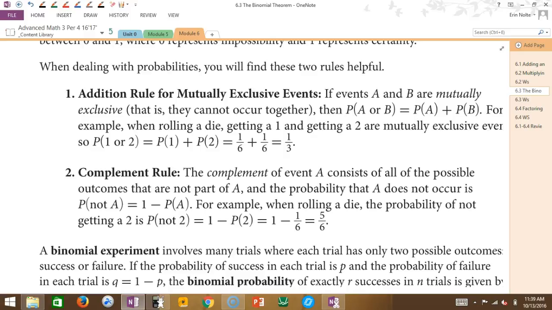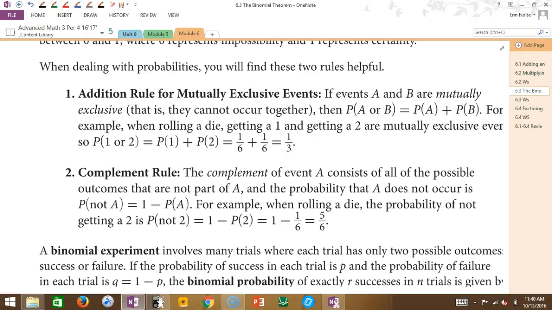Okay, so this little piece right here is adding rules for mutually exclusive events. Mutually exclusive events is, let's say, I have a dice and I'm asking to roll a 1 or a 2. So if I roll a 1, it doesn't depend on the 2.